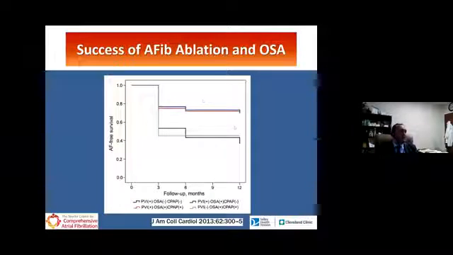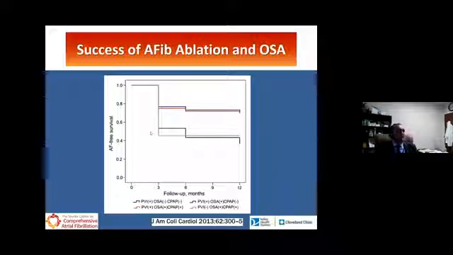And if you look at the importance of sleep apnea in relation to atrial fibrillation ablation, as Dr. Tina mentioned, you can see here that patients who do not have sleep apnea, or patients who have sleep apnea but are treating it, have the same success rate after an ablation, in the 70s to 80%.